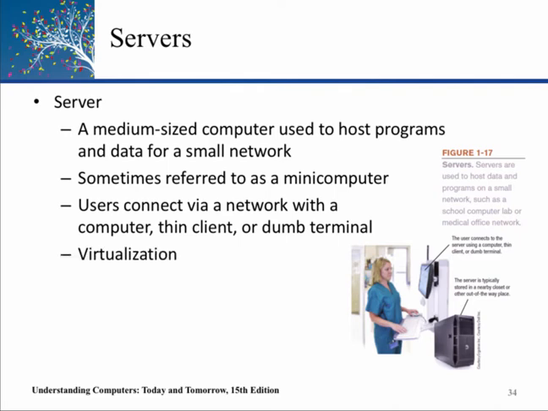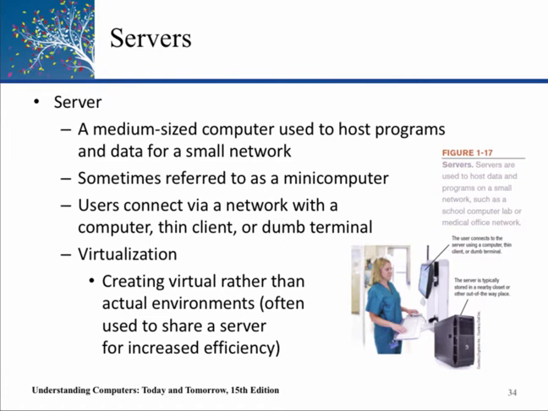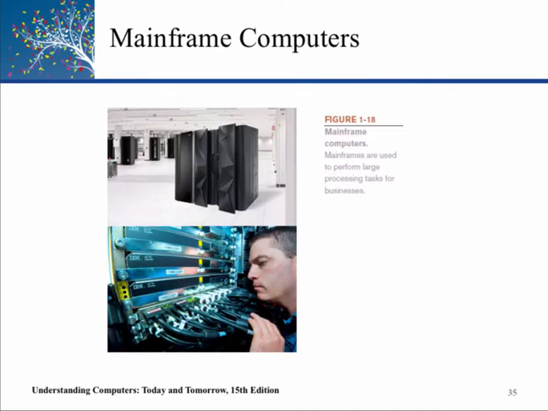Some of them virtualize, which means creating small little versions of itself in software instead of actual. But the server provides internet. It serves up connectivity, whereas a client receives it. Okay, so that's a main group. After that are mainframes. Now a mainframe is a much more powerful version of a server.